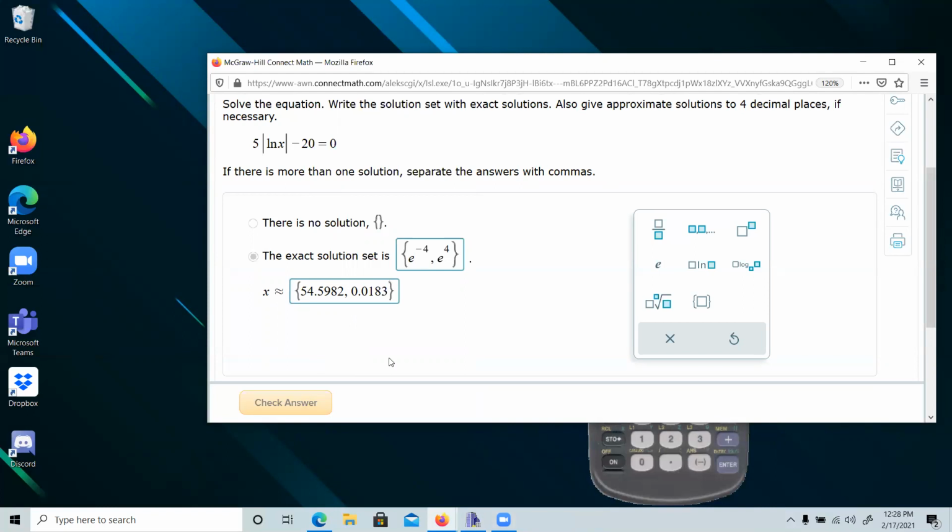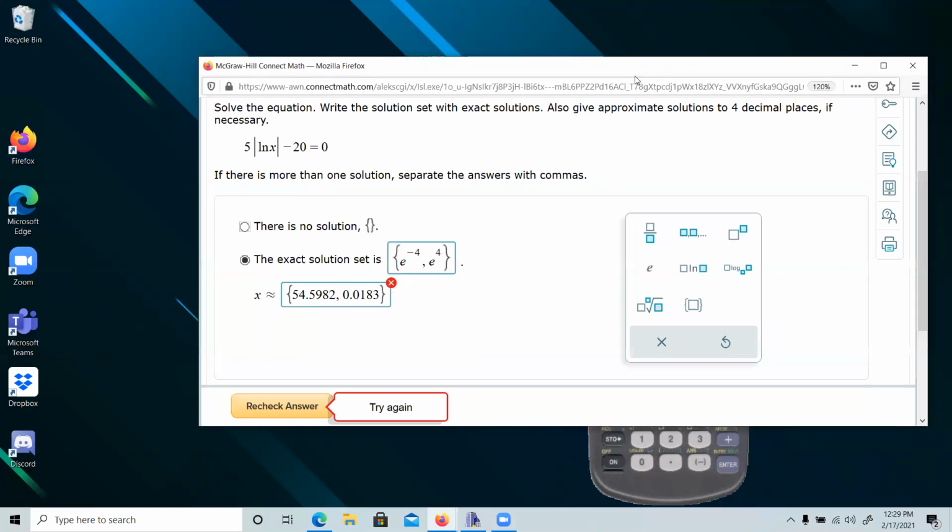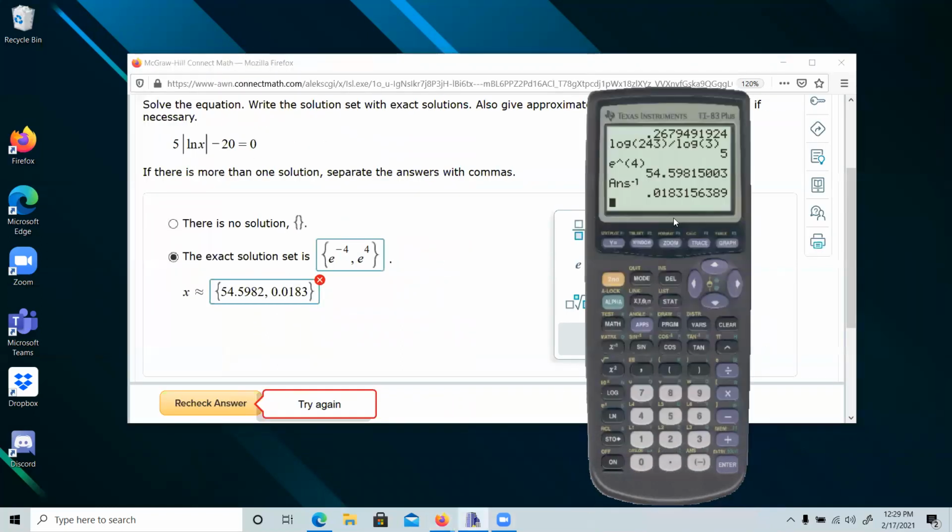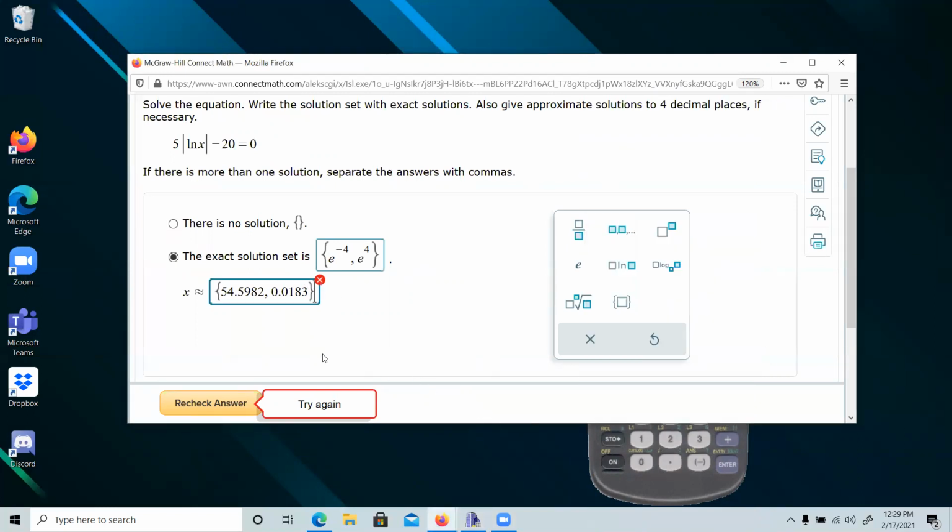All right. Oh, they didn't like that. Let's just double check. Should be the same thing. You're not even giving me a hint, huh?